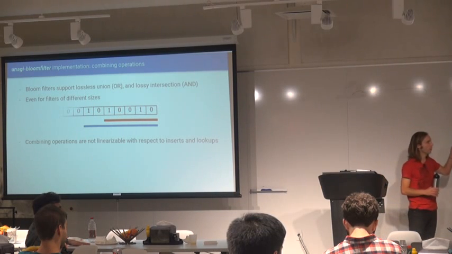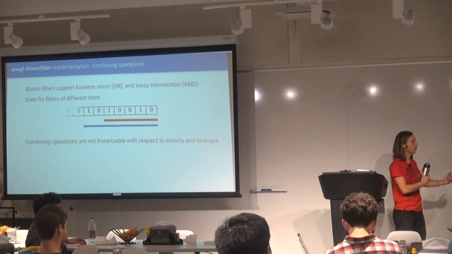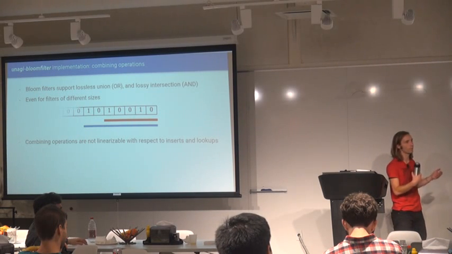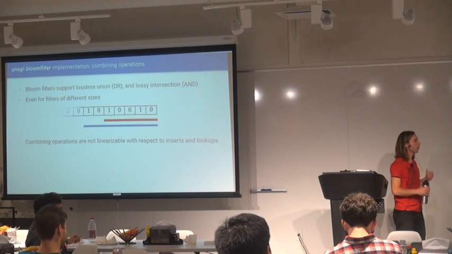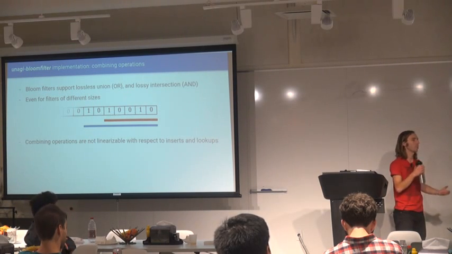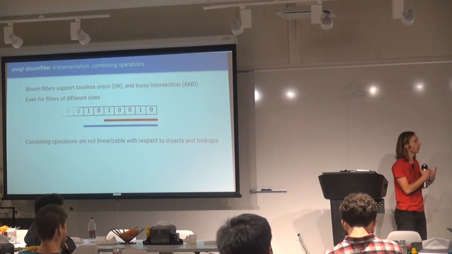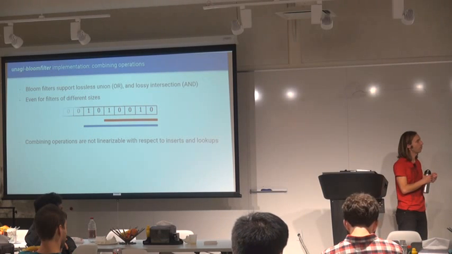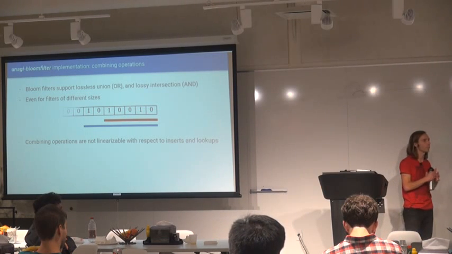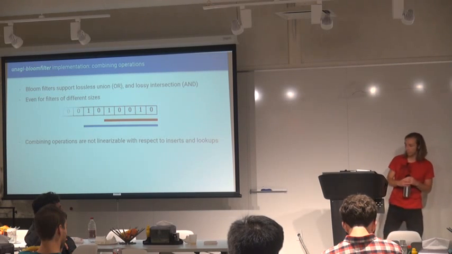This is something the library does: it makes sure that all the parameters the Bloom filter was created with, aside from the size, are the same. If you're using two different hash functions in each of the Bloom filters, you'll get a nonsense sort of intersection. The union kind of makes sense. Actually, you might be able to do something with that. So yeah.